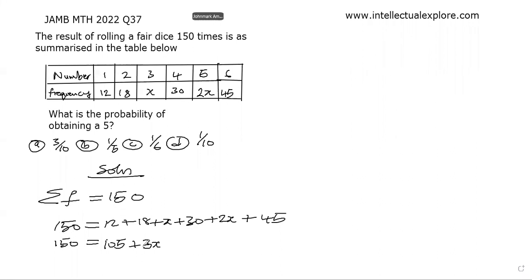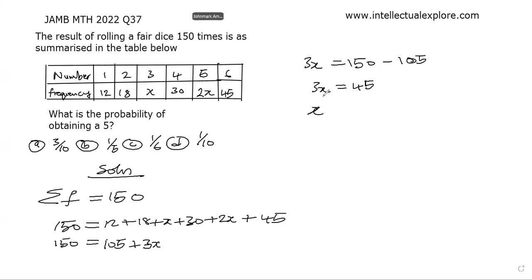Now, our 3x will equal 150 minus 105. If you subtract that, it will give you 45. So we have 3x equals 45.